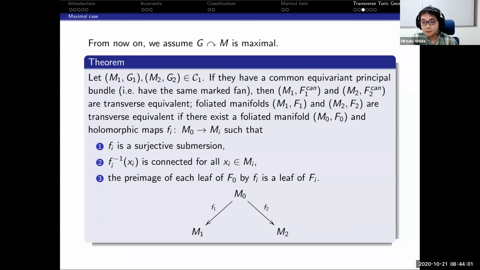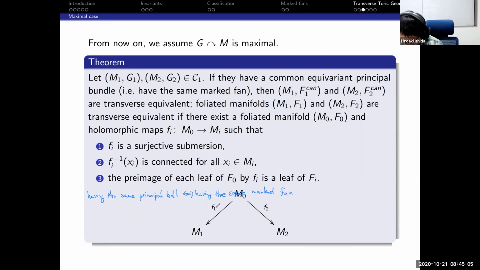This theorem, maybe this is a summary. For complex manifolds with maximal torus actions, having the same equivariant principal bundle is equivalent to having the same marked fan.